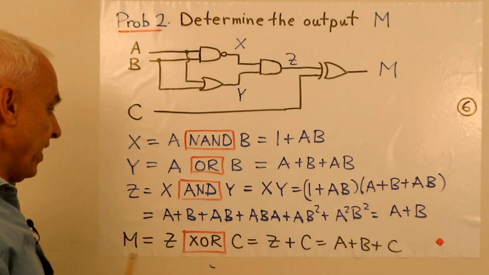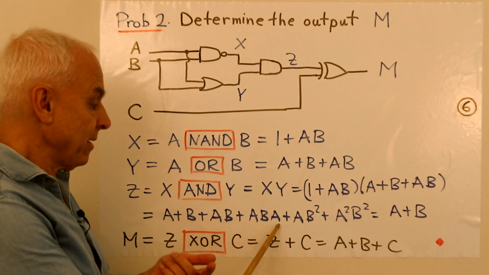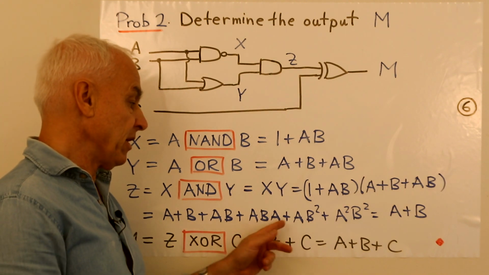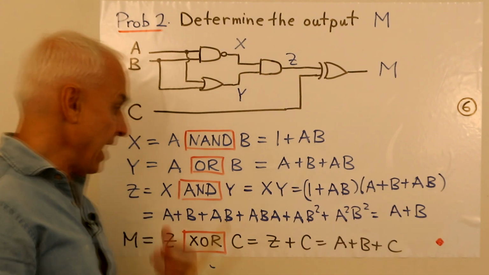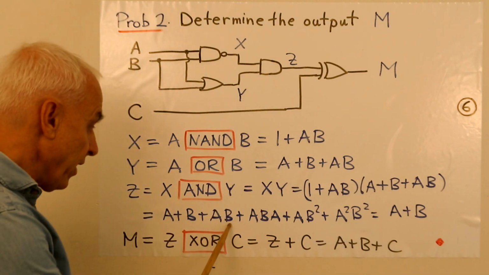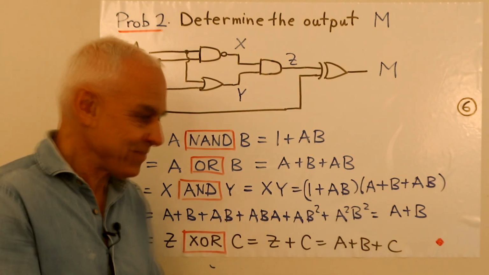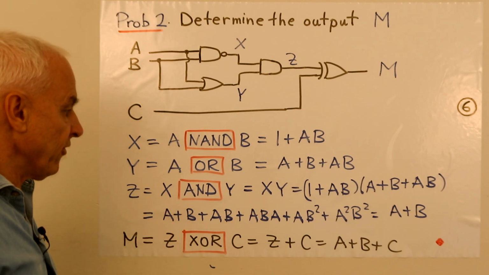Now we can simplify this in our heads because the A squared is the same as A, so this is the same as AB. Similarly, this is AB, and similarly, this is AB. So how many ABs do we have altogether? 1 there, they cancel. 1 there, and 1 there, they cancel. So all of these 4 just disappear, and we just have A plus B.